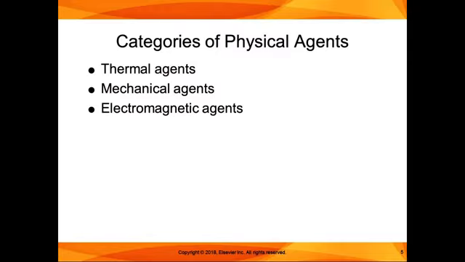And electromagnetic agents include electromagnetic fields and electrical currents. There are some things that fall in more than one category, such as ultrasound. It can be a mechanical agent, it can be a thermal agent. Water can also have mechanical and thermal effects. So it's not necessarily distinct categories, but general categories.